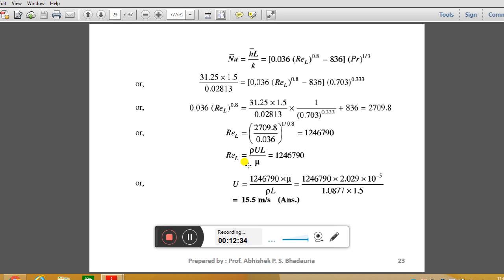The density is known to us, the dynamic viscosity is known to us, and the length is known to us. So the only unknown is u, that is, velocity. You put in all the values, and you can find the required value of velocity. So 15.5 meter per second is the answer.